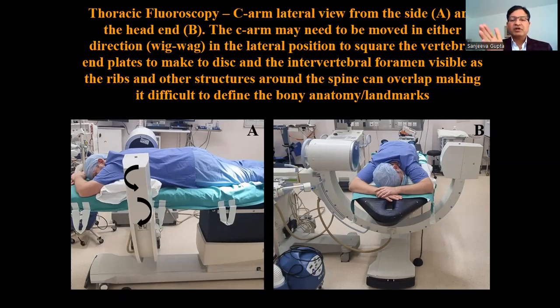So that's the most important thing. If you're unable to see the intervertebral foramina when you're performing the transforaminal epidural, then using a wig-wag of the C-arm, just tilting in either direction, can make the discs visible more crisply and show up the intervertebral foramina.